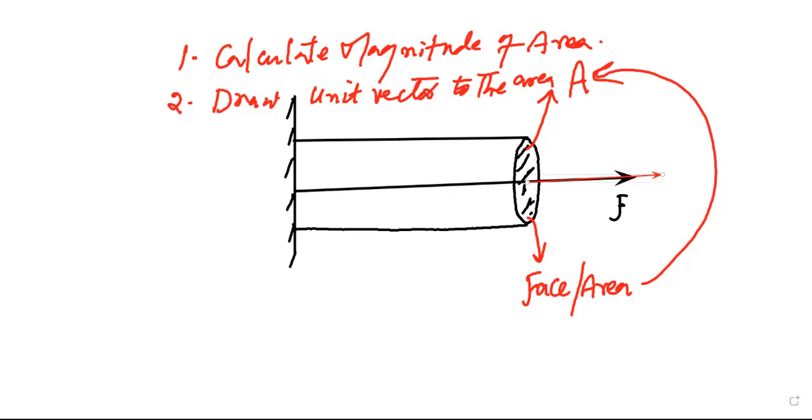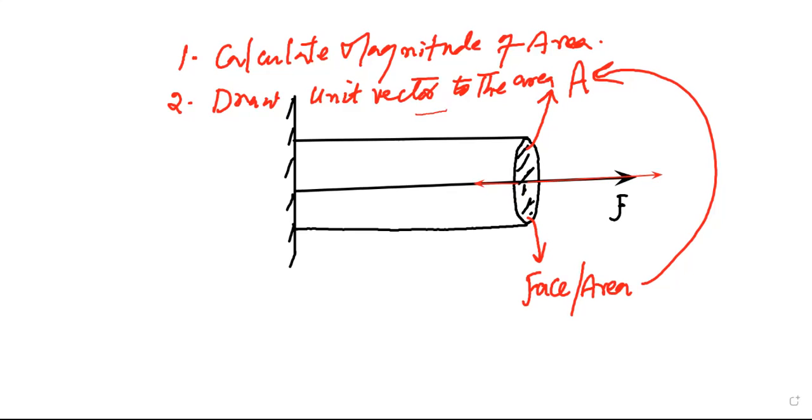The magnitude of this vector is 1. Or I can also draw a unit vector like this, perpendicular to the area. Both ways are possible. So after calculating the magnitude of area, we have to draw the unit vector.